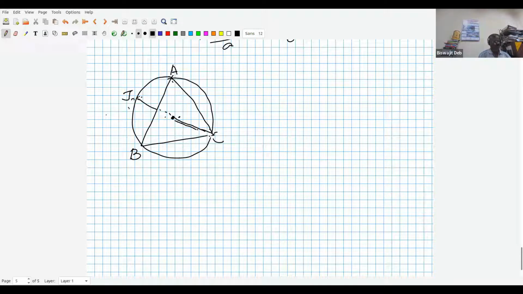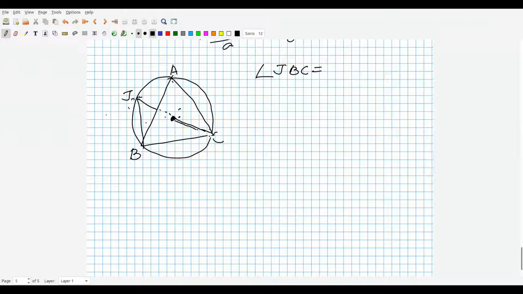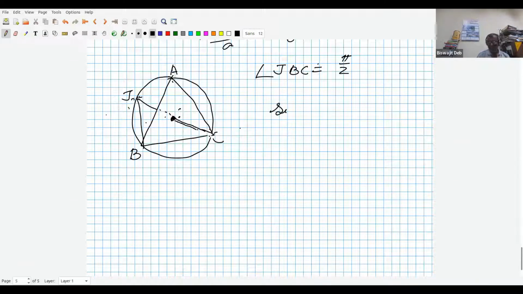Call it point J and join it with this. Since I'm considering this to be the center, can you tell me what is this angle JBC? 90 degree, because it is over the diameter of it, right? So it is pi by 2. Now, if I consider this, then what is sine of J?